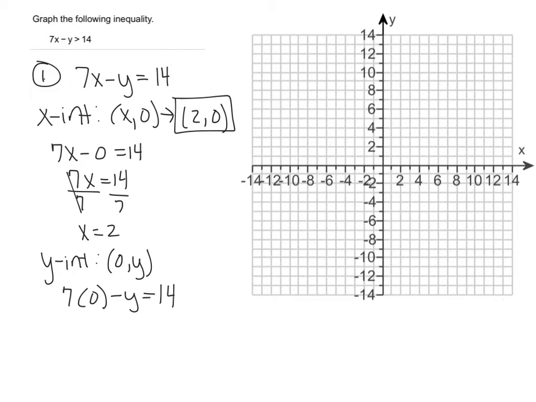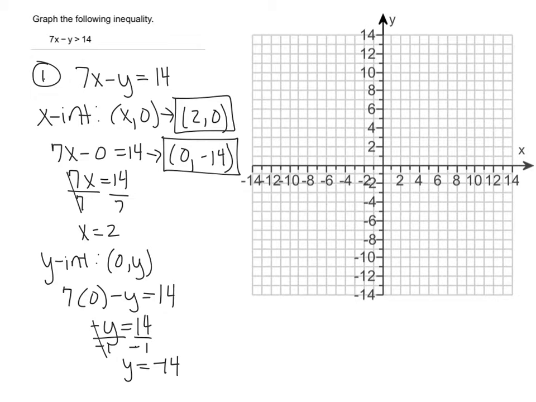And we get 0 minus y equals 14, so negative y equals 14. Then divide both sides by negative 1, and we're left with y equals negative 14. So my y-intercept is (0, negative 14).